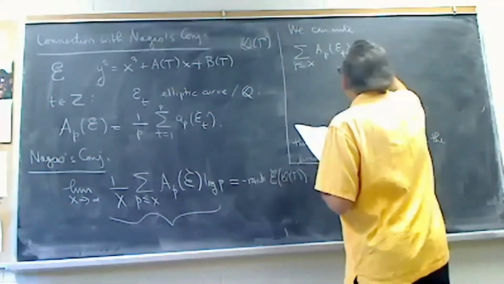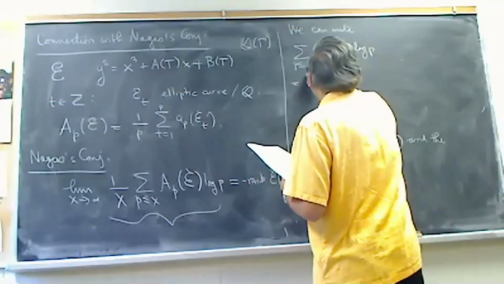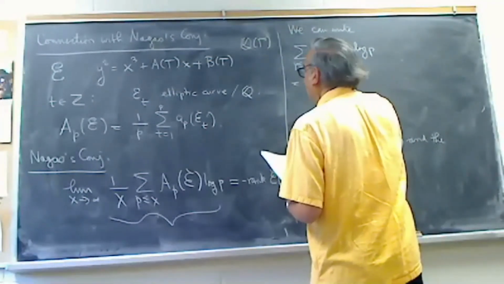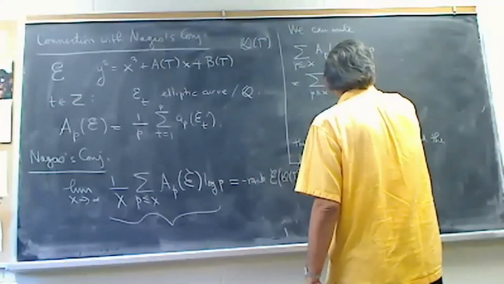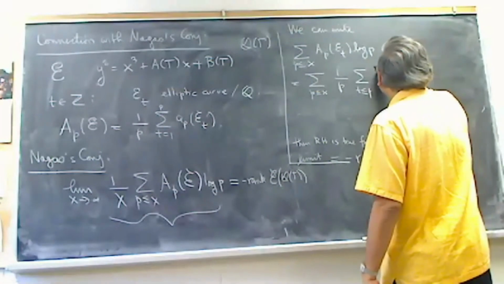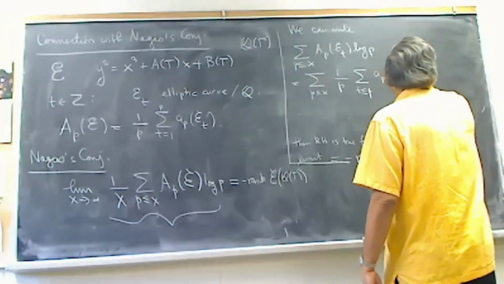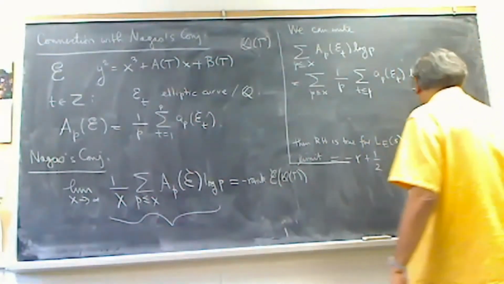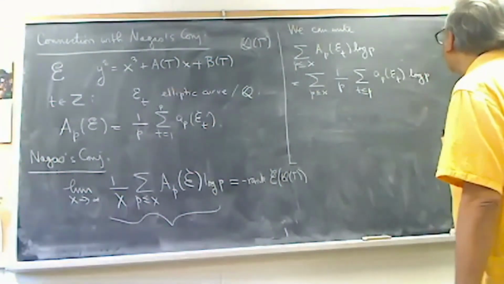We can rewrite that, just shove this back in here, as the summation over p less than x of 1 over p, times the summation over t less than p, less than or equal to p if you like, of a sub p of e sub t times log p. Just don't worry about anything at the moment. I mean, certainly write this. There's nothing stopping you from writing that.